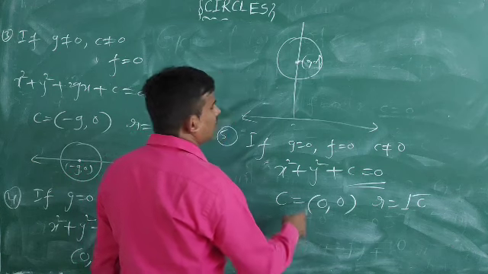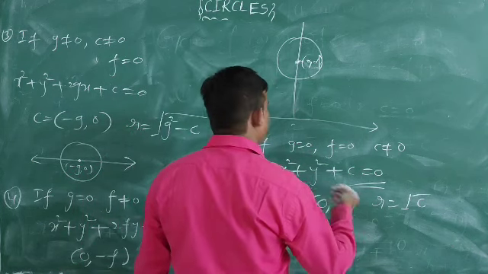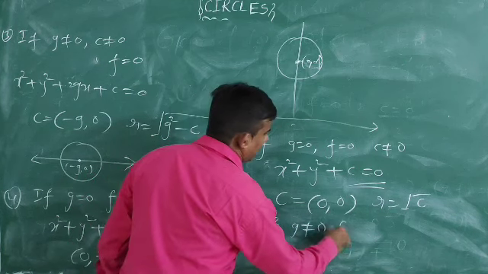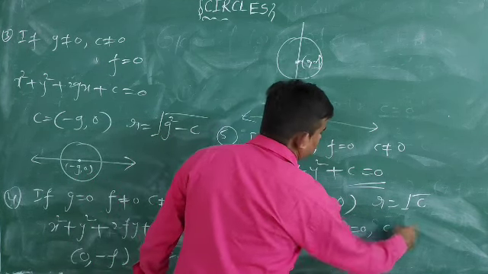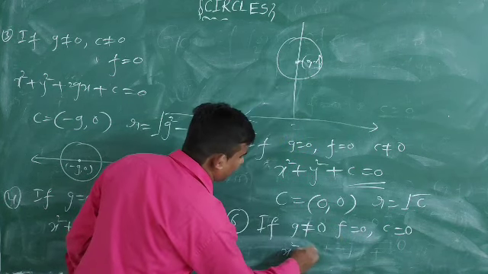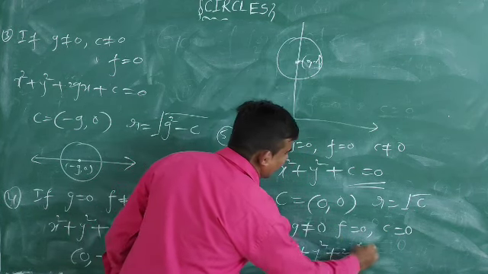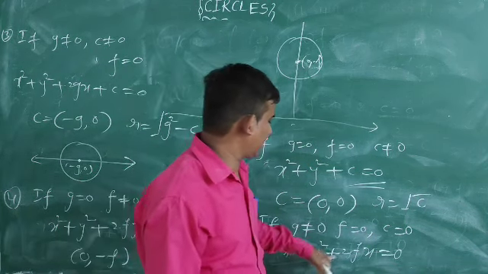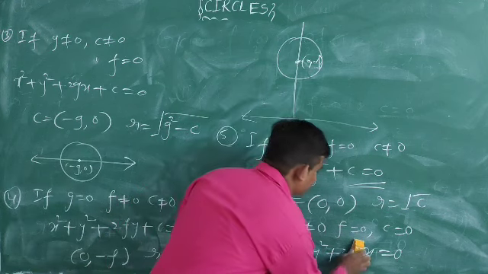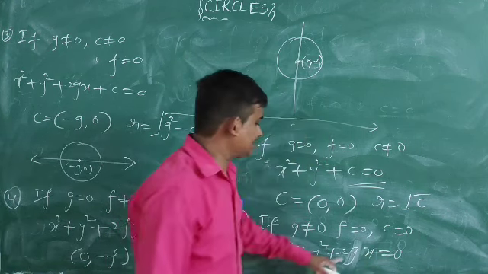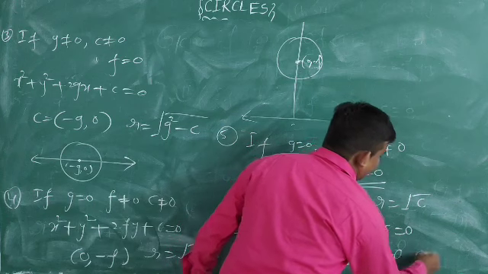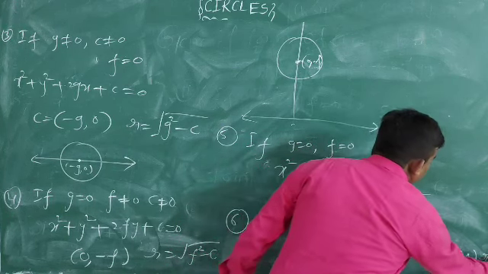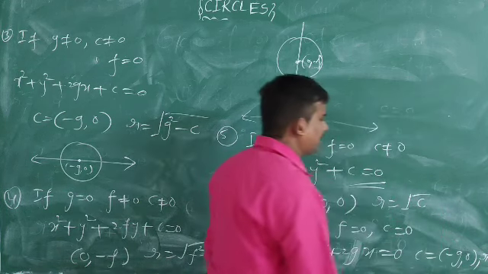And next, the sixth one. What happens when only one of them is not equal to 0 and the remaining are 0? If g is not equal to 0 and f and c are both equal to 0, the equation is x square plus y square plus 2gx equal to 0. Its center will be (minus g, 0) and radius equal to mod g.